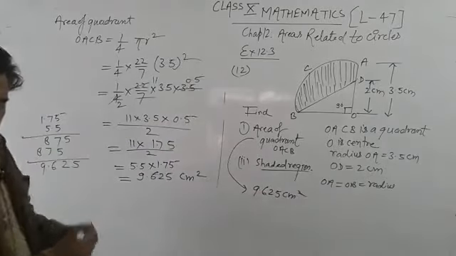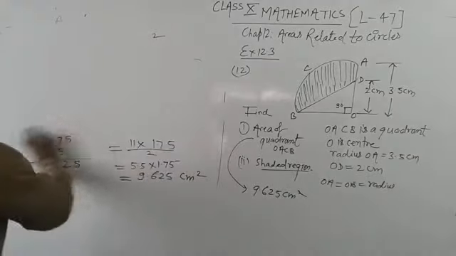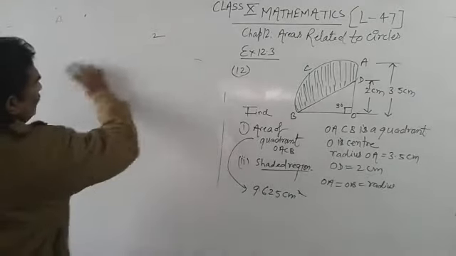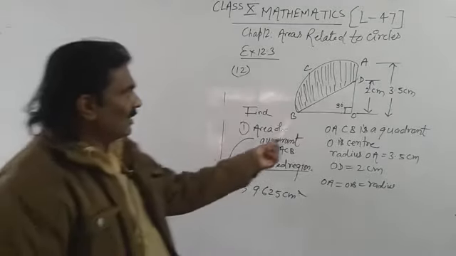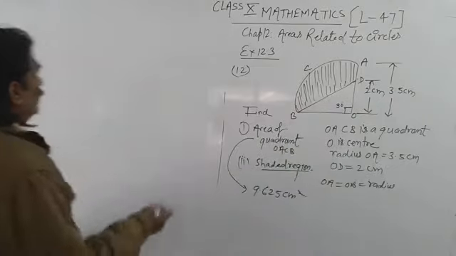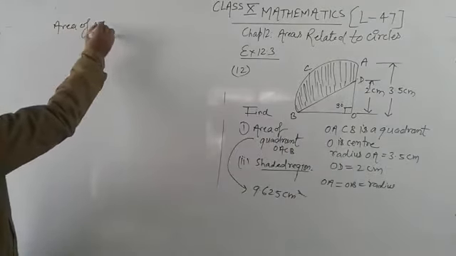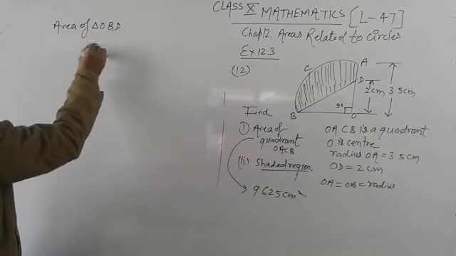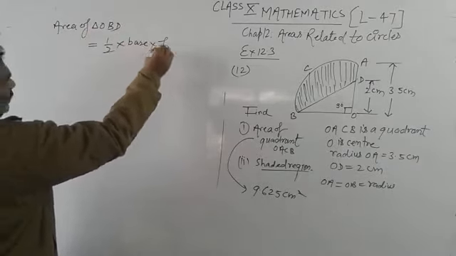Now we have to find the area of the triangle students. We have the triangle OBD. So now the area of triangle OBD is equal to 1 upon 2 into base into height.